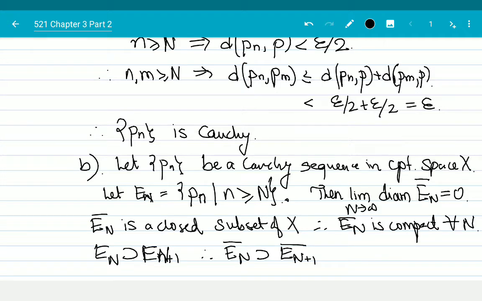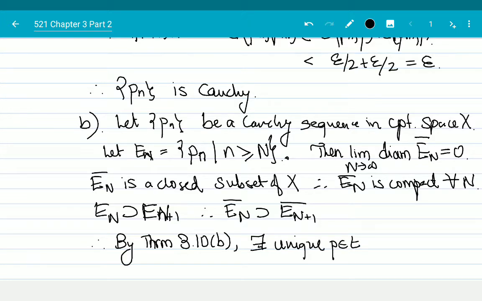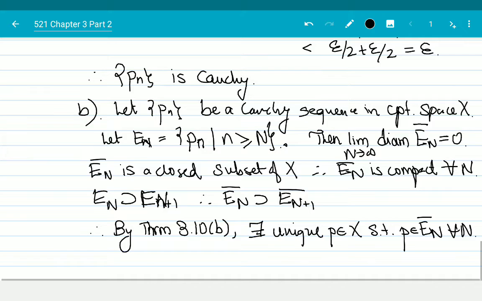Okay. Therefore, by the previous theorem, by theorem 3.10b, there is a unique point P which lies in every En bar. There exists a unique P belonging to X, not E, such that P belongs to En bar for every n.